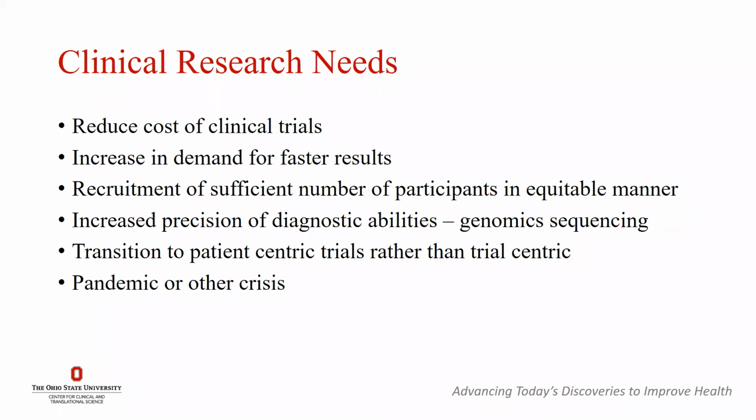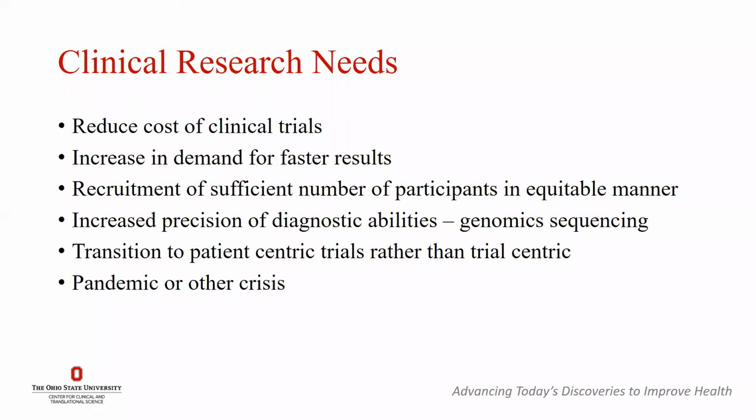I know that for me, in just the last 10 to 12 years, there have been a lot of changes. More is being requested of research, and we've seen that recently during the COVID-19 pandemic. There are needs to reduce the cost of the clinical trials, and there's an increase in the demand for faster results. Recruitment of sufficient numbers of participants in equitable fashion.